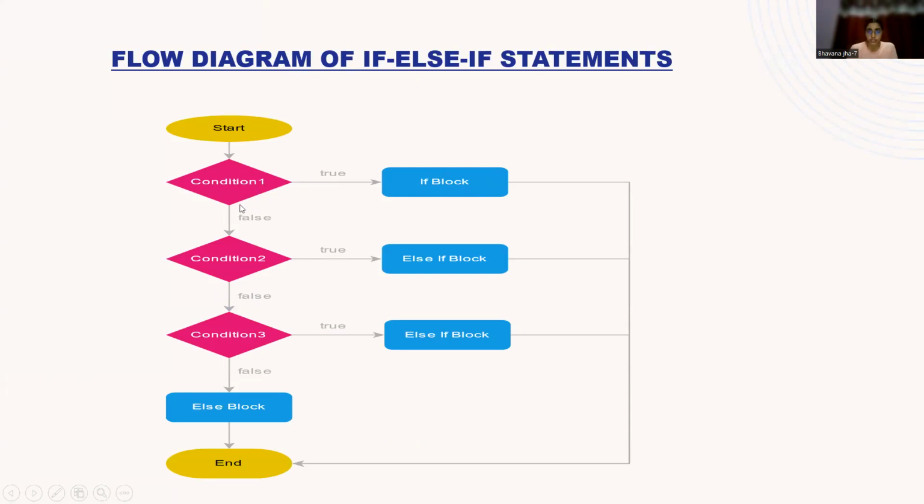If it is false, then we move on to our second condition and check it. If the second condition is true, then the else if block gets executed. If the second condition is false, then the third condition is checked. If the third condition is also true, then its else if block gets executed and we come out of the program.